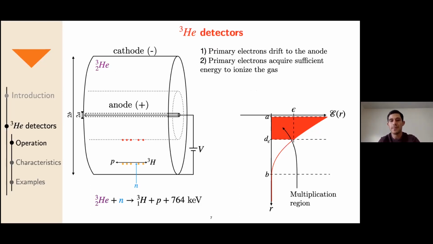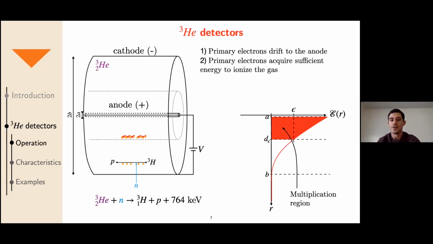We have to keep in mind that primary electrons drift to the anode, and they are accelerated as they approach the anode because the electric field is very intense. Then the electrons have acquired sufficient energy to ionize the neutral gas molecule. The primary electron will produce a secondary electron-ion pair, and again and again.